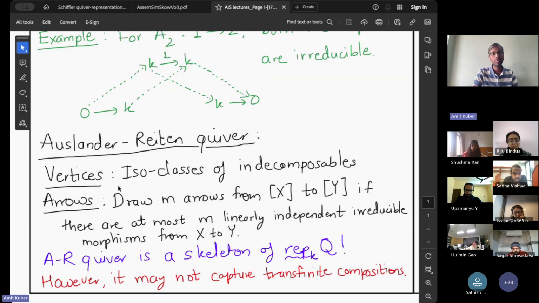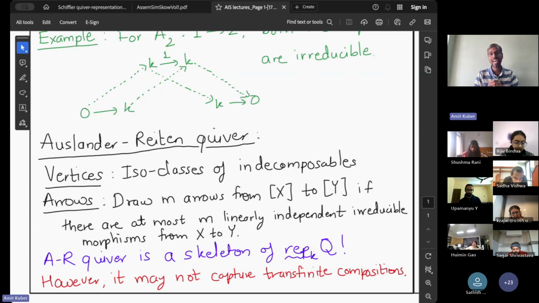So you have to draw m arrows from the isomorphism class of x to the isomorphism class of y if there are at most m linearly independent irreducible morphisms from x to y. In this way, we capture some kind of skeleton.